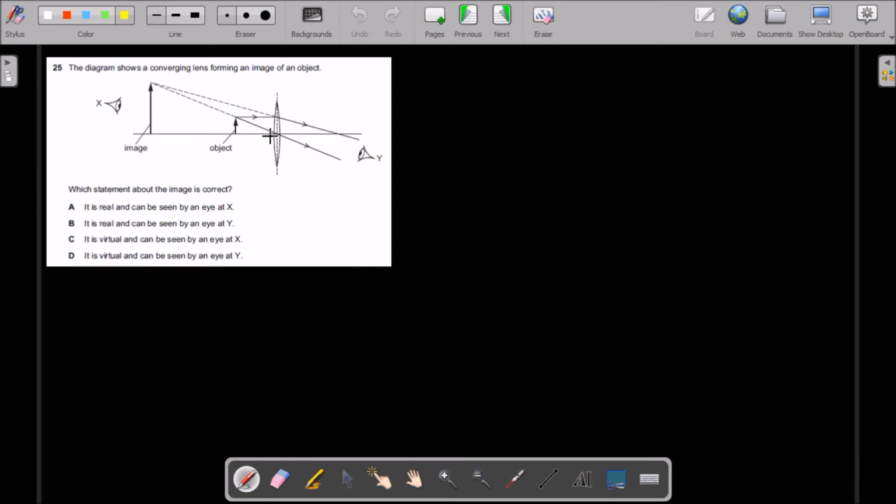And you know that this is used in a magnifying glass. That's why the image will be virtual and can be seen by an eye at Y. So D will be right.